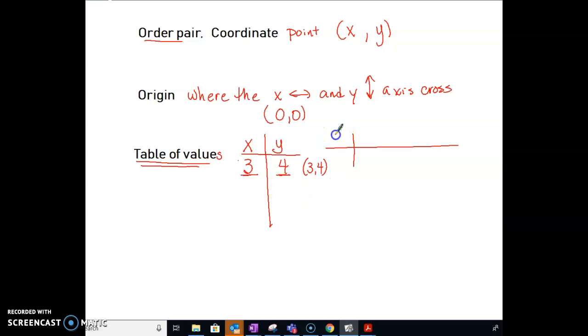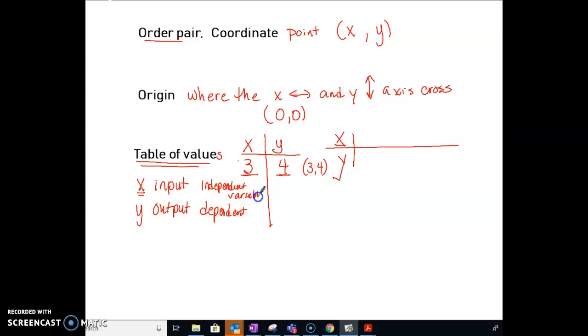Sometimes it's given in a horizontal grid where x is on the top and y is on the bottom. The x value is often called the input value, and the y is the output value. When you're dealing with proportions, which we will, x is sometimes called the independent variable, and y is the dependent variable. Please write these in your notes.